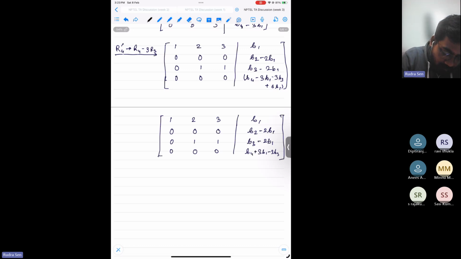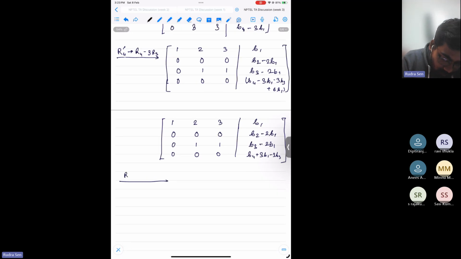Now we have to make it an echelon form, so we exchange rows: R2 is exchanged with R3.